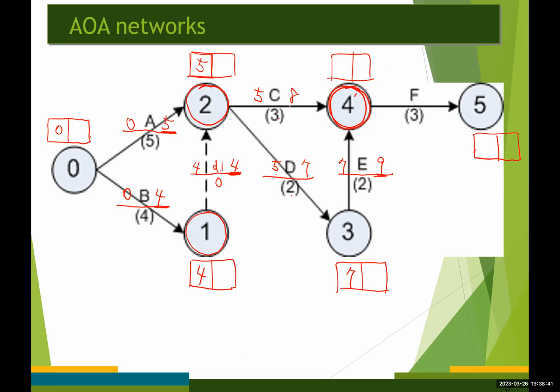That's going to be the larger number between this 8 and 9, so that's going to be 9 up here. The earliest start time for activity F is 9, and 9 plus 3 is 12, the earliest finish time for activity F. So the earliest time for event number 5 is going to be 12.